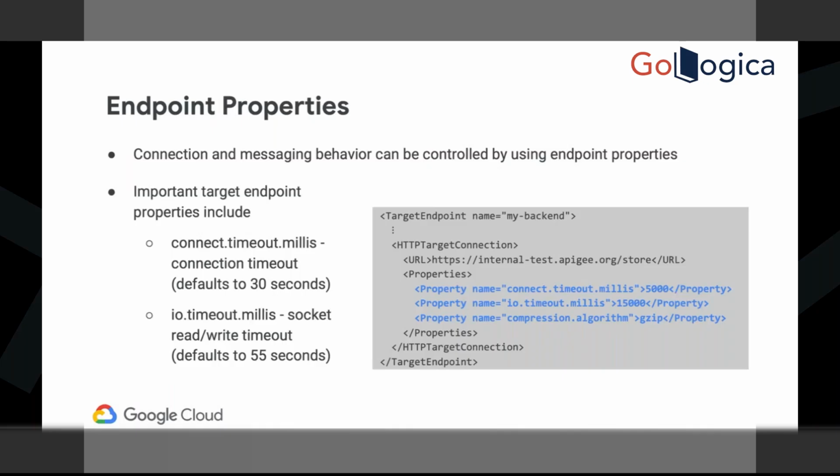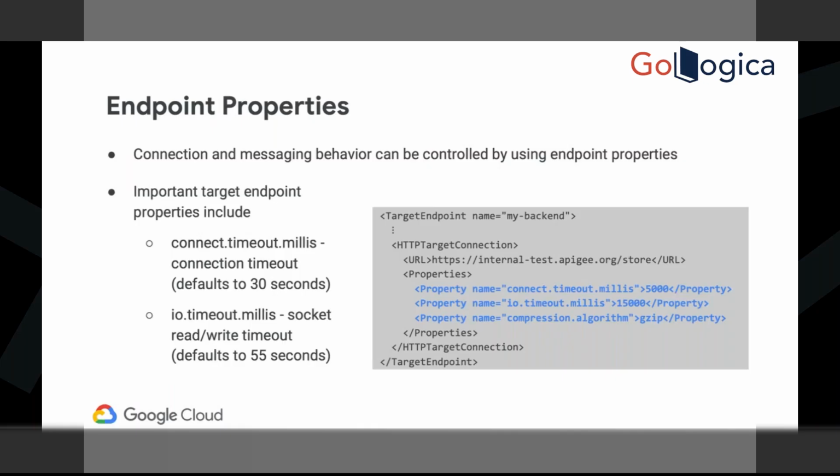You can control the property from here. At the Apigee system level, the defaults are 30 and 55 seconds. Both options are there. If you are working with high payloads, you can increase them also. But if you know your backend response is not going to take much time, you can reduce them as well.